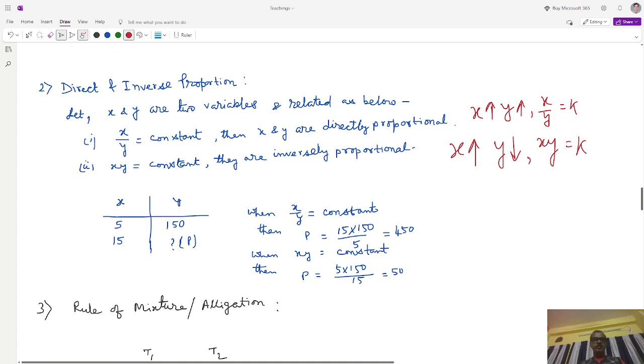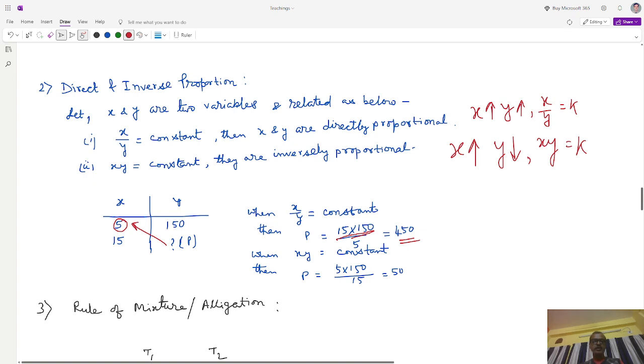In this case, for direct proportion, the unknown value is related to this x, so this is to be written below the line and the other two values to be multiplied above the line. Okay, then what we get? We get 15 into 150 divided by 5 equals 450, right?